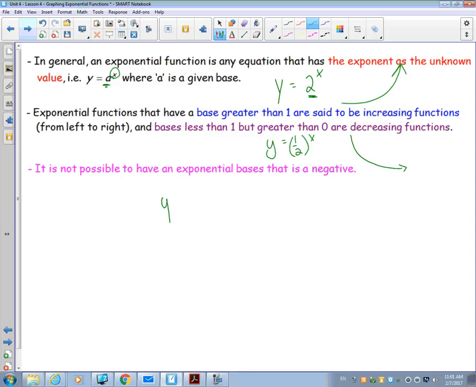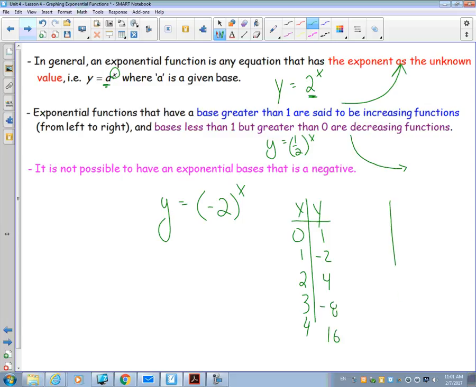Okay, if you had thought you have an exponential function that looks like (-2) to the x, the problem with this is if you made a table and you tried, let's try nice numbers here, we get (-2) to the 0, which is 1, and then we get -2. (-2) squared is 4, and then we get -8, and then we get +16.